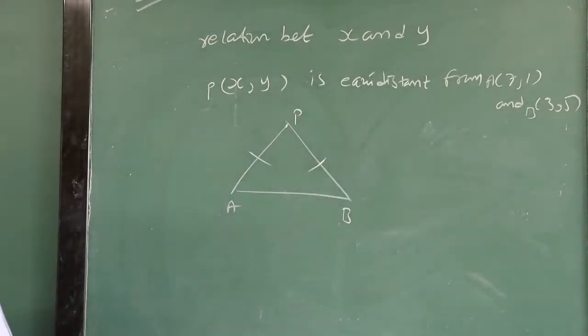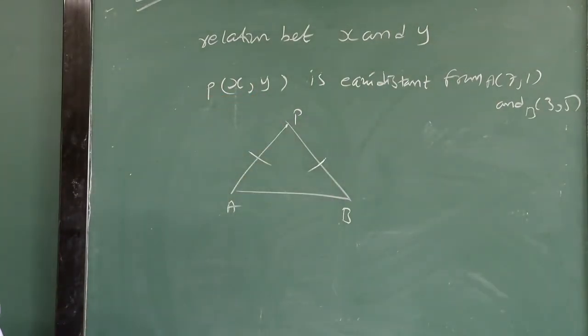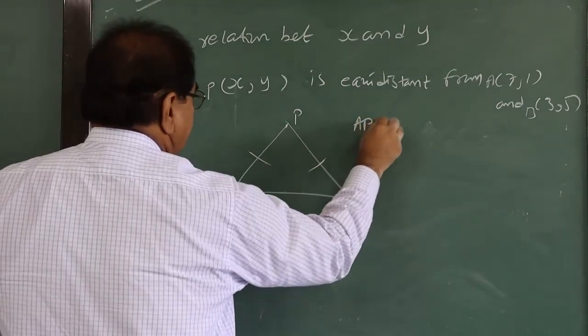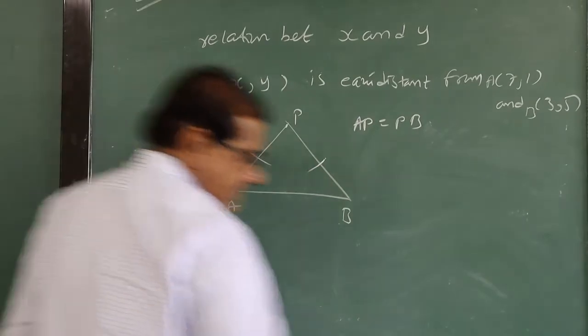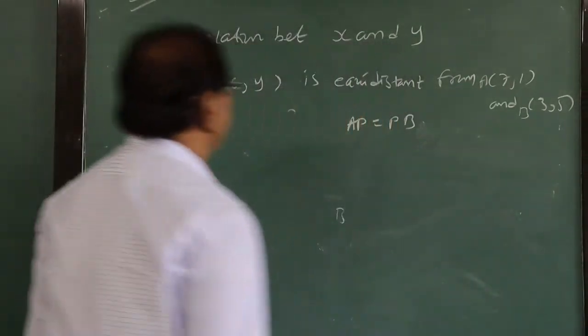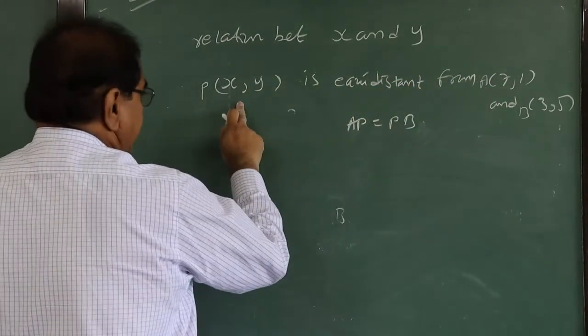So if it is so, what is the relation between x and y that you want to prove? What should I write? AP is equal to PB. I know both the distances are equal. Now AP. A is here, P is here.